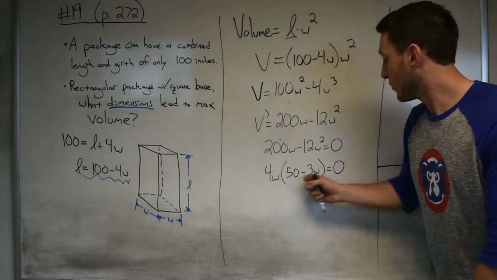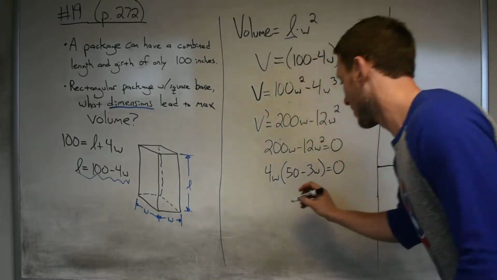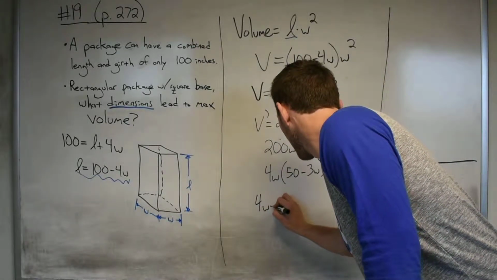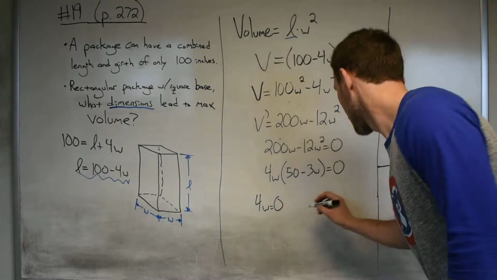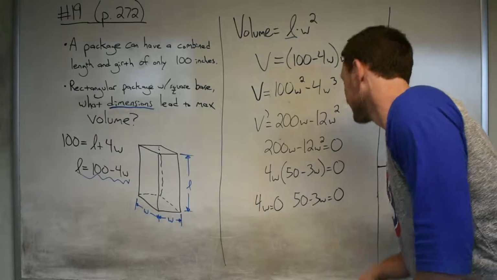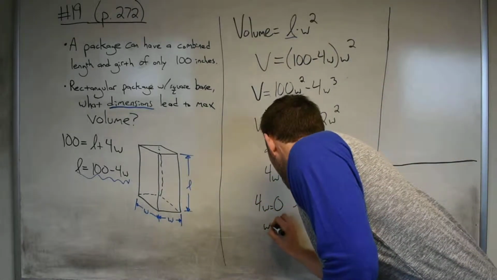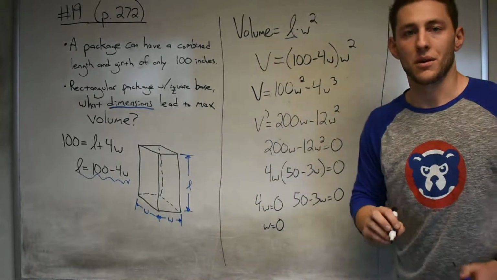From here, since we have one side equal to 0 and two things multiplying, we can set each factor equal to 0. So 4W equals 0, 50 minus 3W equals 0.